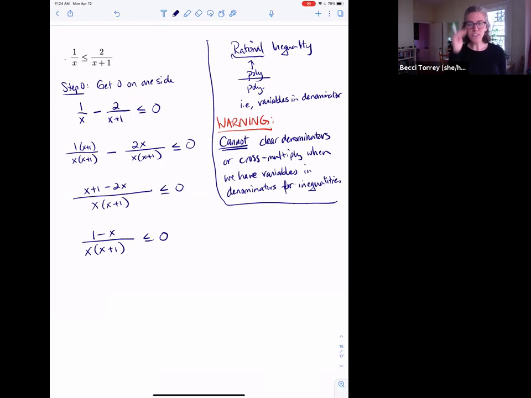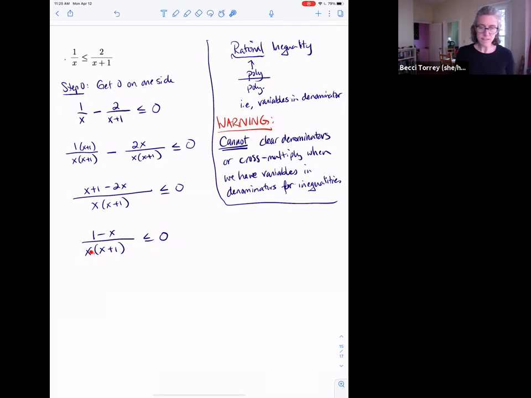Here's another big difference between inequalities and equalities. When you have an equal sign with a rational expression, we can basically just ignore the denominator. But here you cannot. We have to include the denominator because we're trying to test whether this thing is positive or negative, where it is less than 0. The x values in the denominator can affect that.